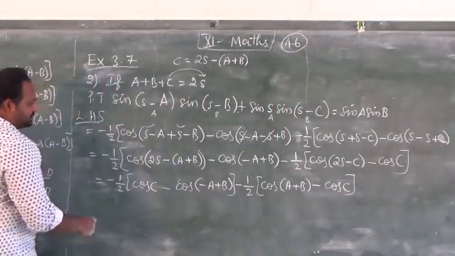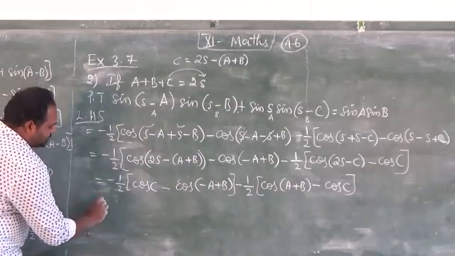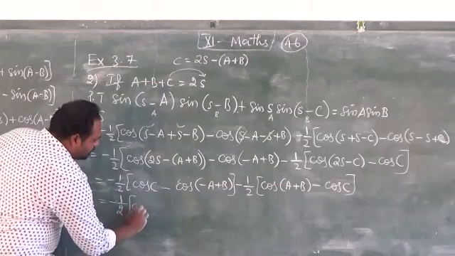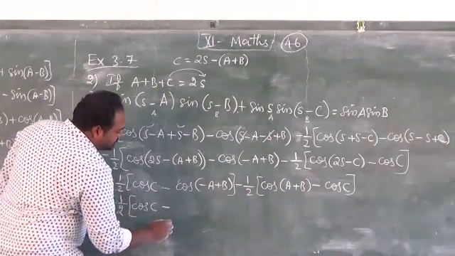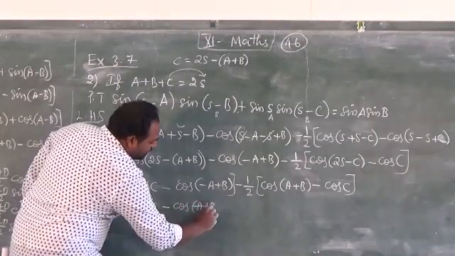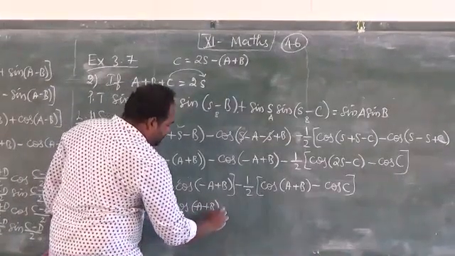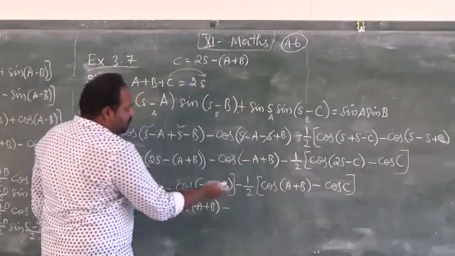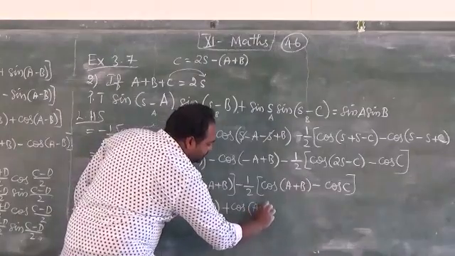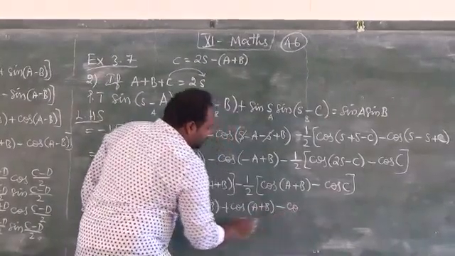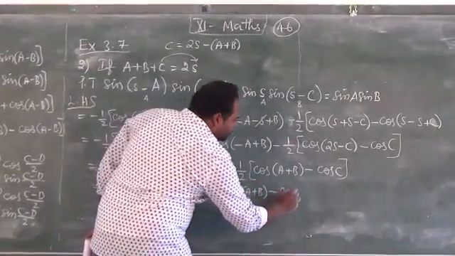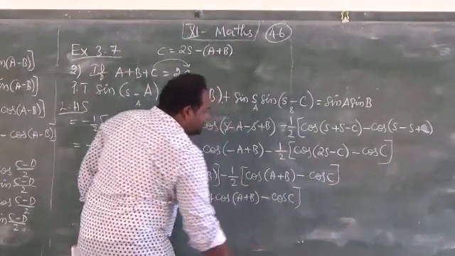Now multiply the minus. Minus 1 by 2 taken commonly from both terms, it will be cos c minus cos of (a + b)... minus 1 by 2 came out, so plus cos of (a + b), minus cos c.